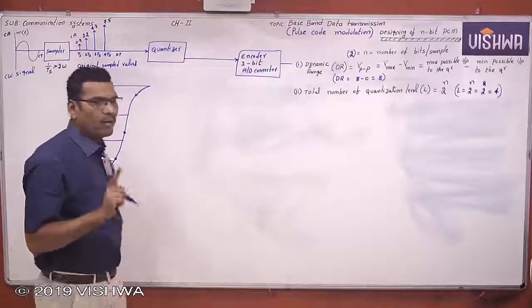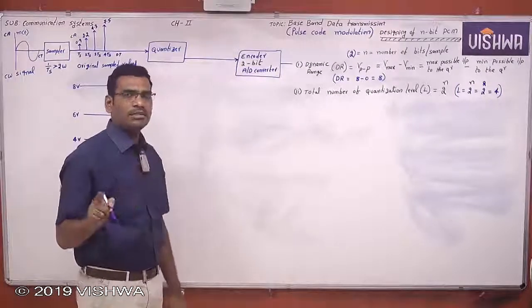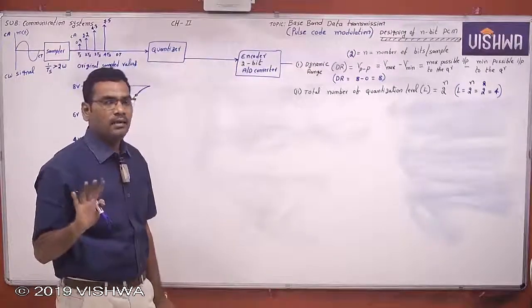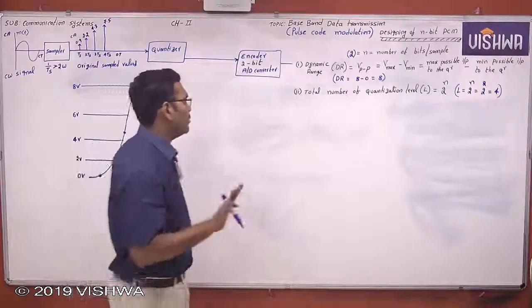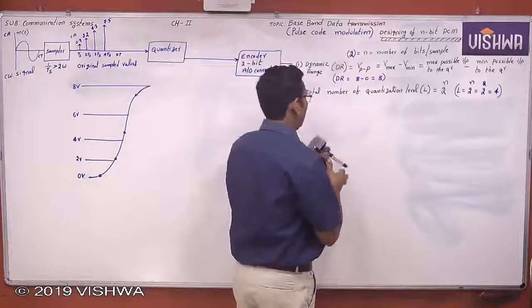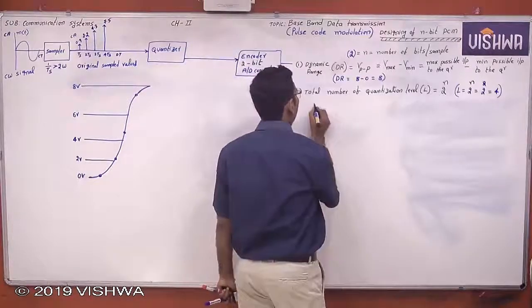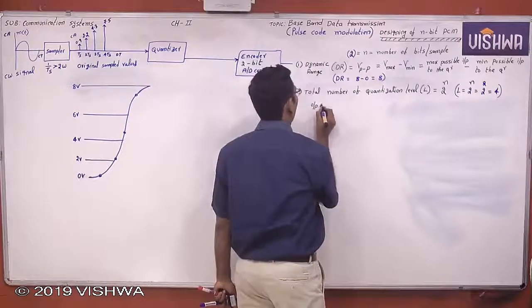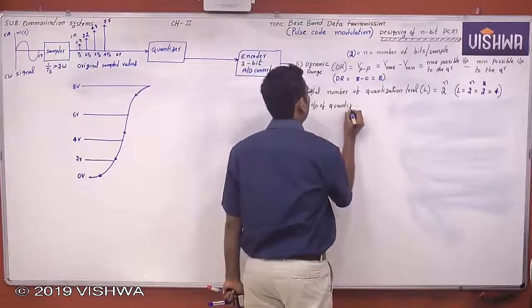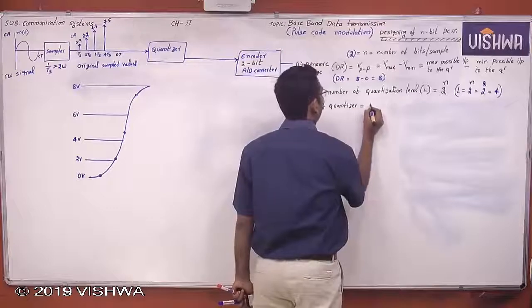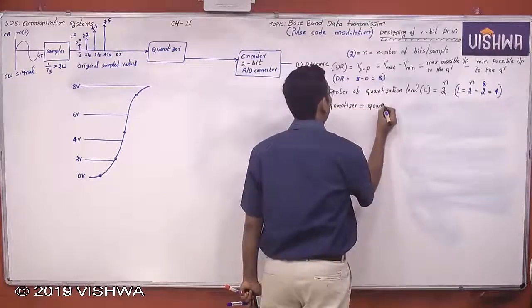And students, most of the students make a mistake here, so first think about this: quantization level is nothing but the quantized sample value only. I will write that one also. Quantization level, the output of the quantizer, is nothing but the quantized sample value.